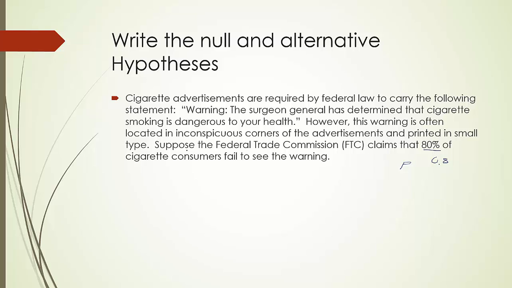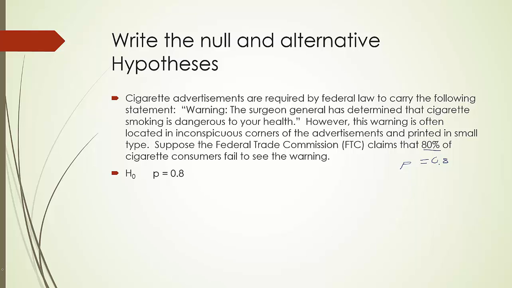So this last statement, the Federal Trade Commission claims that 80%, is saying that that proportion would equal 0.8. Remember, when we're writing the hypothesis, we always work with the parameters. So that's why I'm not using p hat. And we always put the equal statement as part of the null. So my null hypothesis, H0, is that the proportion is exactly 80%.